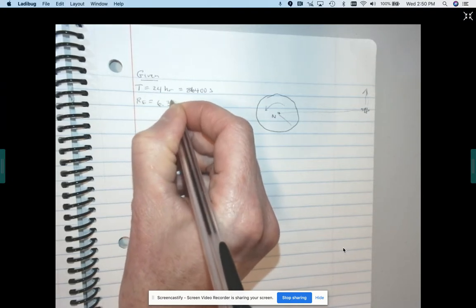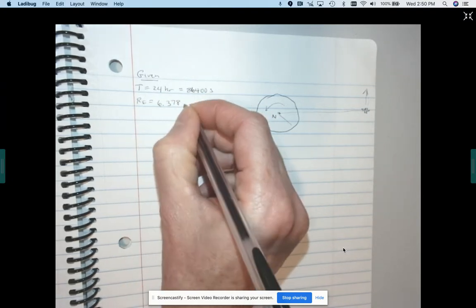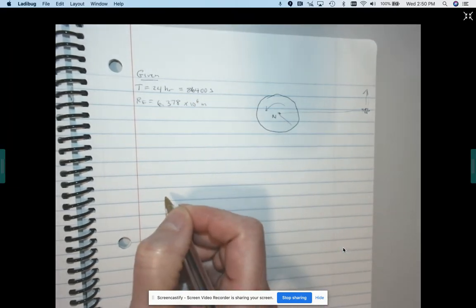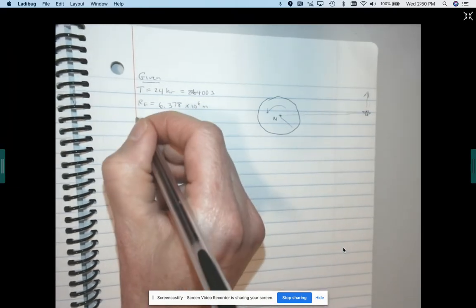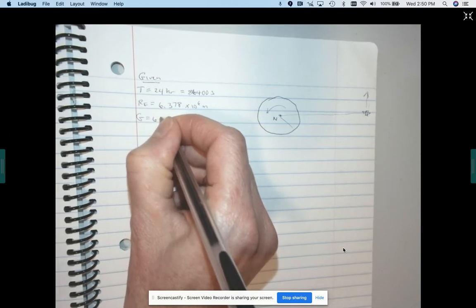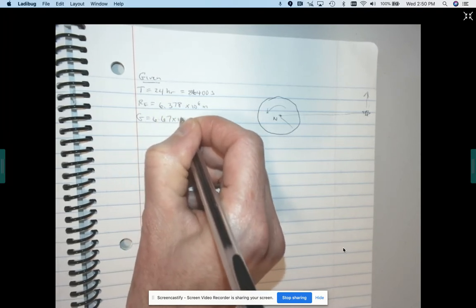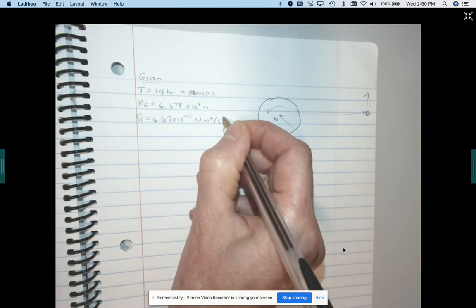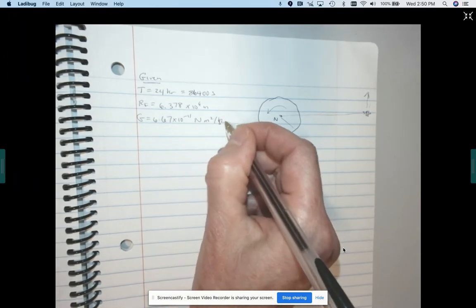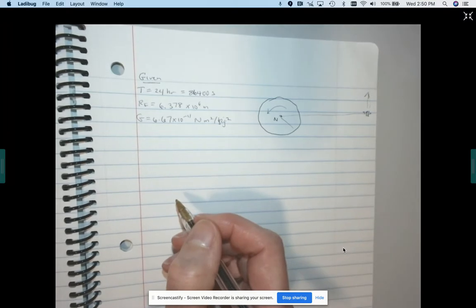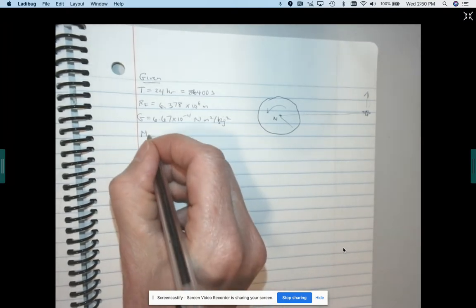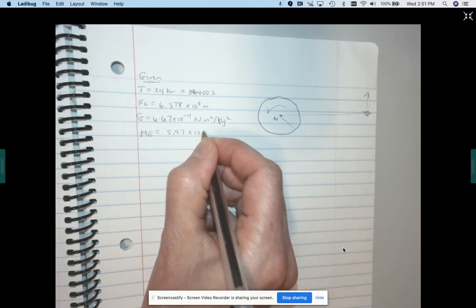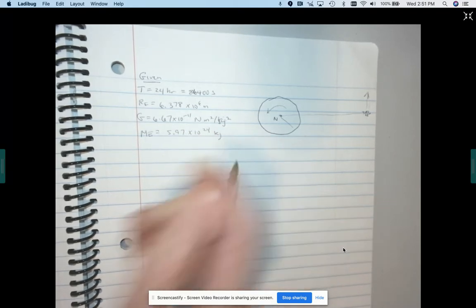That's 6.378 times 10 to the 6 meters. It is a gravitational problem again, so we'll put down the gravitational constant, 6.67 times 10 to the minus 11 newton meter squared per kilogram squared. And then also we will need the mass of the Earth. That's 5.97 times 10 to the 24 kilograms.